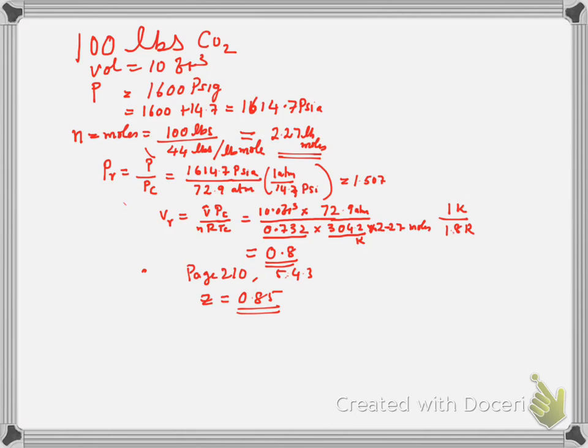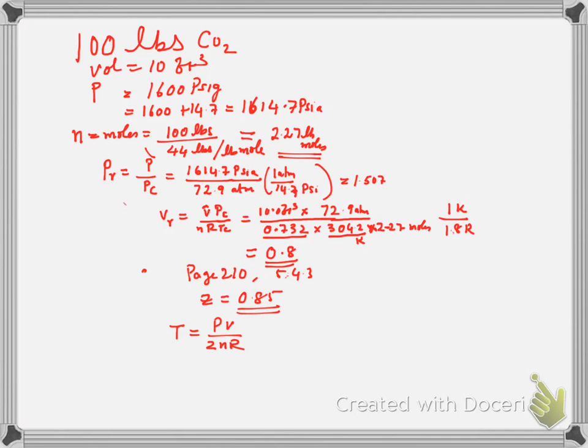Now we are trying to calculate the temperature. Yes, the temperature is equal to, from PV equal to nRT, temperature equal to PV divided by ZnR. Right? ZnR. Are you guys with me? T equal to PV divided by ZnR.